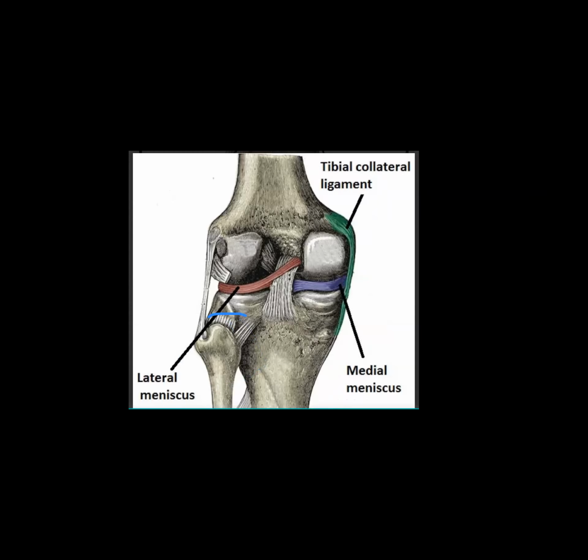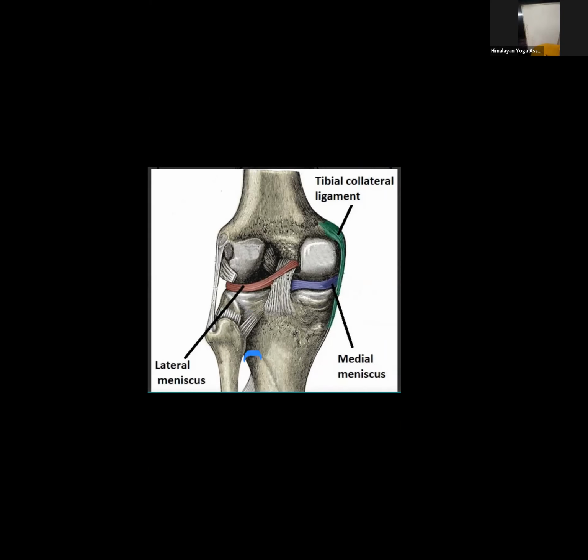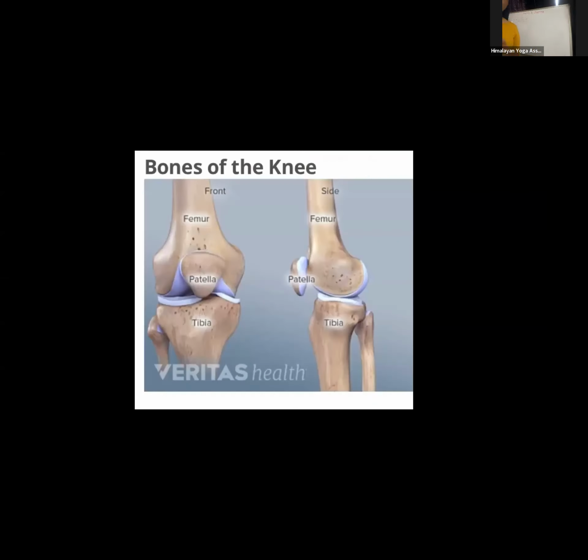So now I'll show you the best image that will really clarify the anatomy of the knee. I think this is the front view and we have another side view.